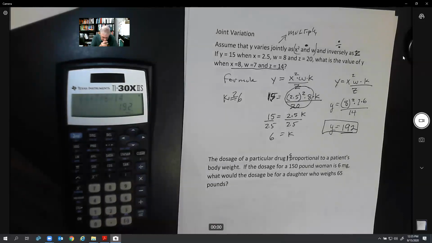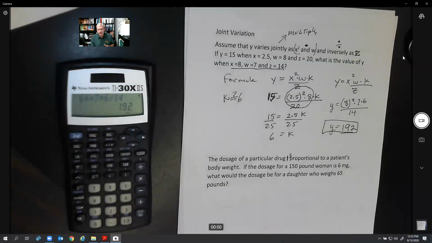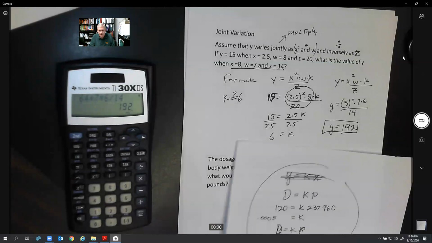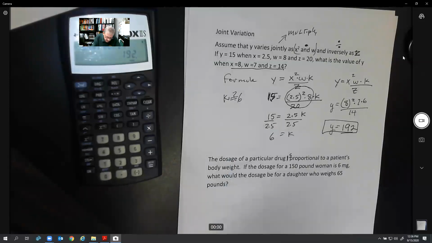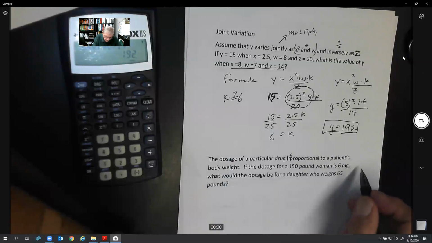That's the first question. Well, this looks like more or less a direct proportion. But rather than doing it as a direct variation like we did here, which is kind of time consuming, let's see if we can just set it up as a regular direct proportion.